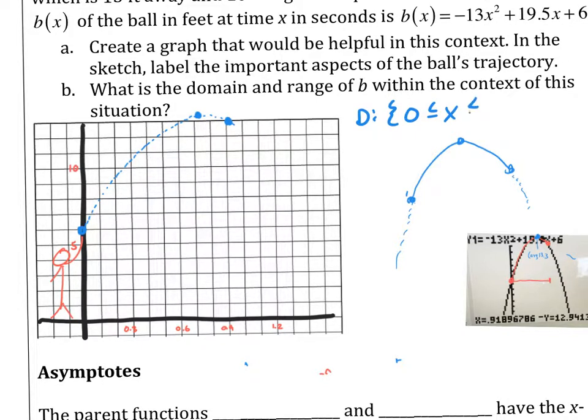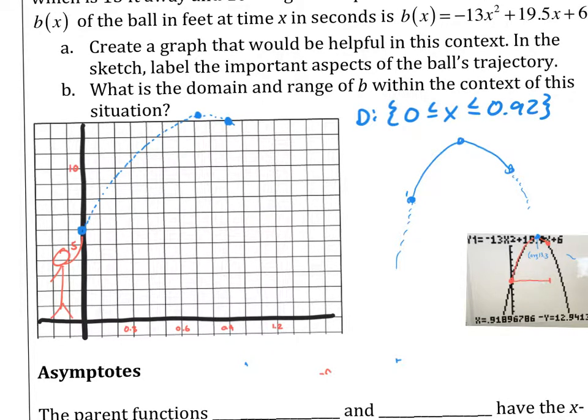And then for this context, once it hits the hoop, this is now done. It goes on to some other path. So we can estimate it to just be about 1. That'll be sufficient, or 0.9 if we trace it out, 0.91. Let me go ahead and be a little more accurate there.